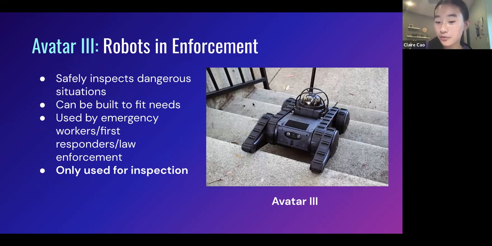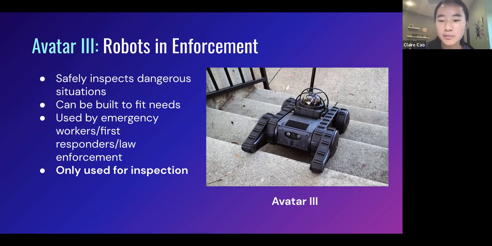So this is a little different than robots in warfare, but the Avatar 3 inspects dangerous situations. It's mainly used by emergency workers, first responders, and law enforcement workers. So when they are inspecting a dangerous situation, they are built to inspect it before any humans go into the situation, because we want to protect everyone's lives as much as possible.